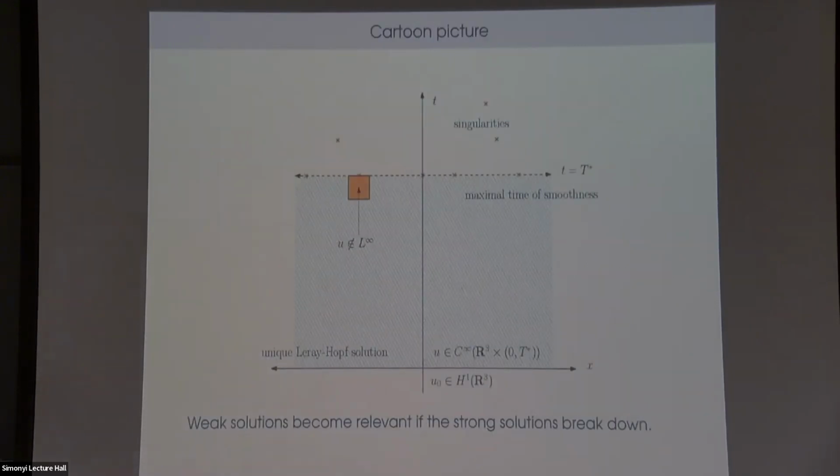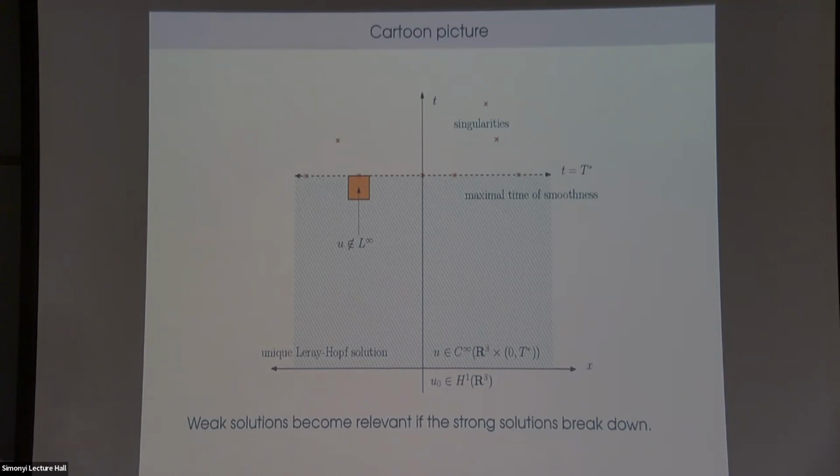So the schematic picture of where the regularity theory is these days is the following. Let's say you assign some initial condition which is nice enough in a subcritical space, say H1 is subcritical. Then at least for some time, there's a unique, what we call strong solution, and all the weak solutions agree with it.